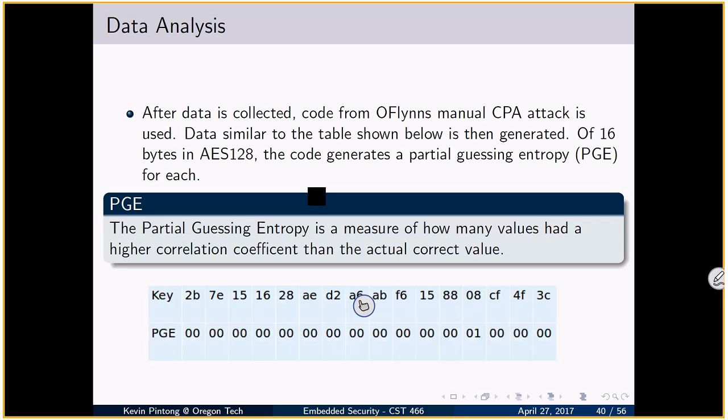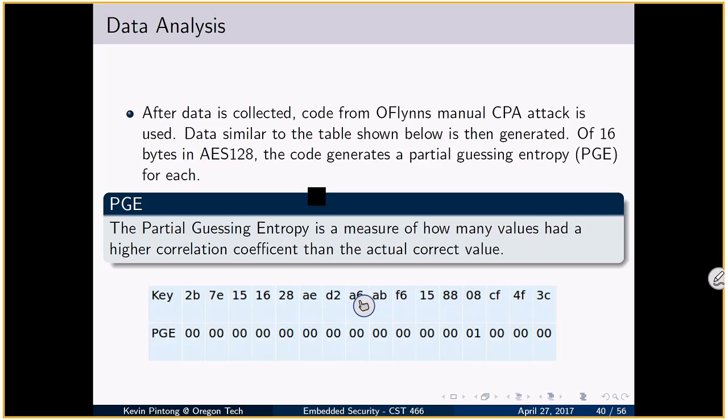There's one guess that ranked higher than the correct value. You kind of follow me on that? So 08 is wrong. Oh, that's right, because each of these keys is only 1 byte long. So this is the PGE table for each separate guess, using a single byte.